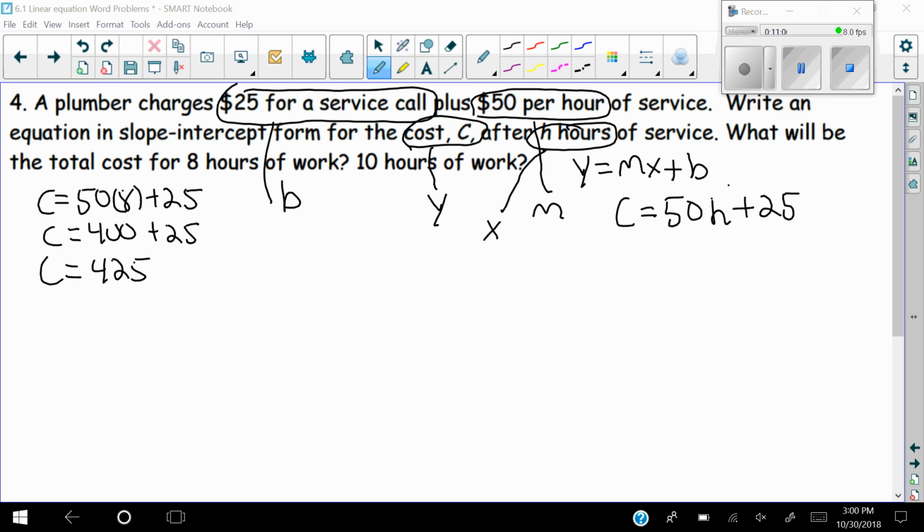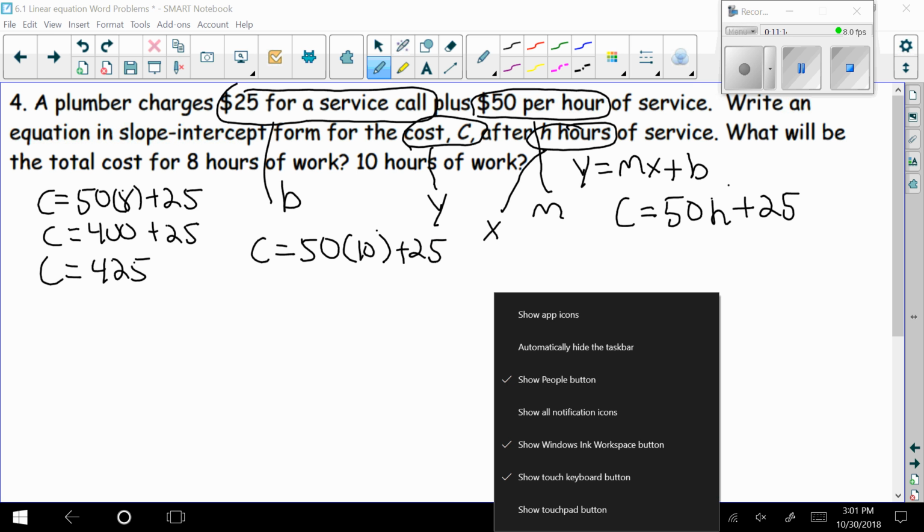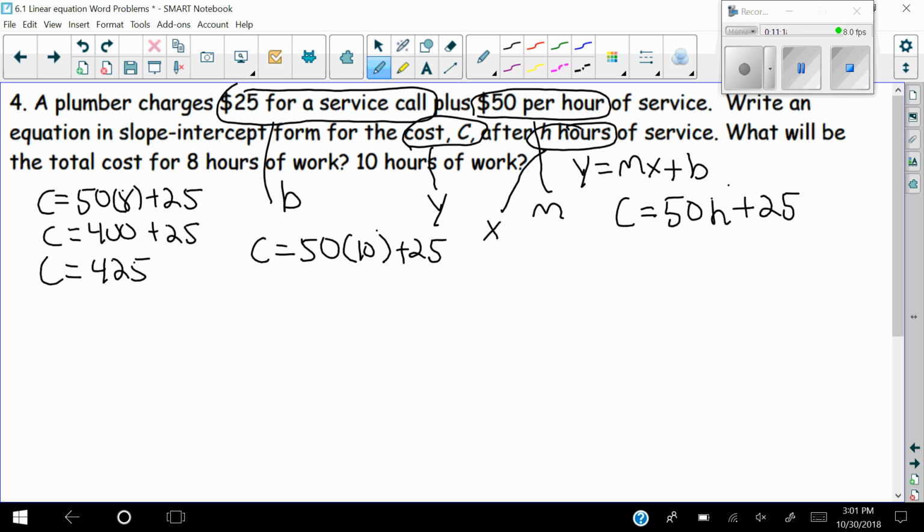Let's figure out how much he'll make in 10. So we'll plug it into the same formula. C is equal to 50 times 10 plus 25. C is equal to 500 plus 25, and C is equal to 525.